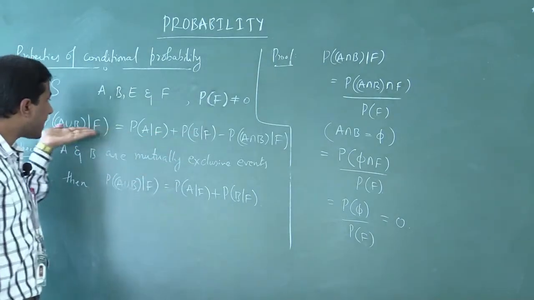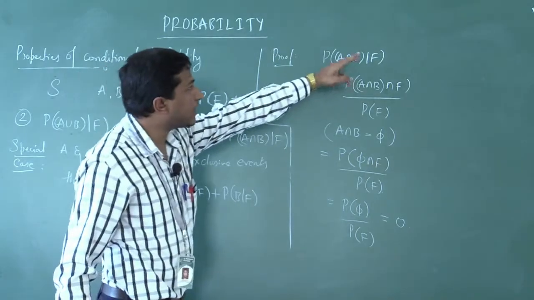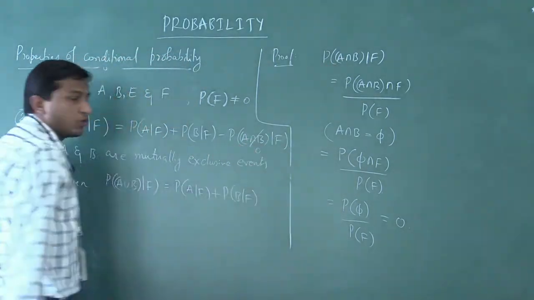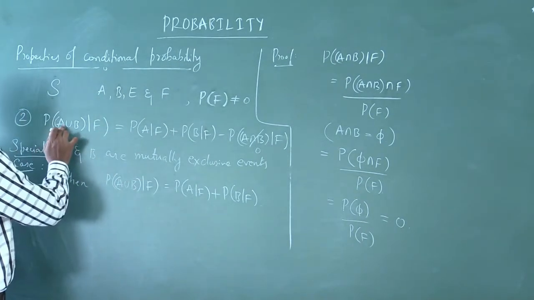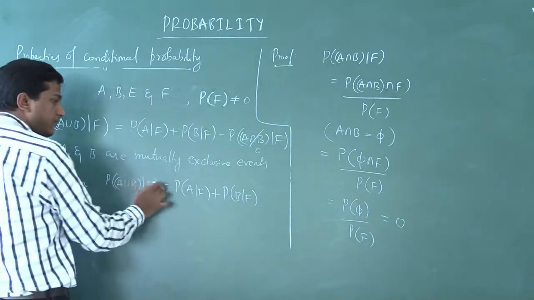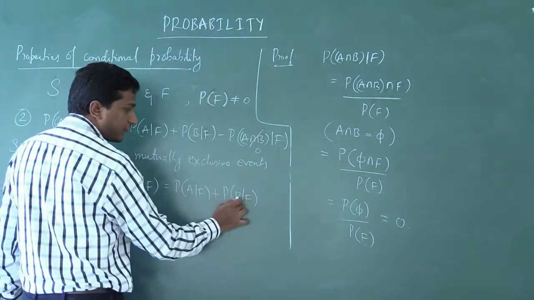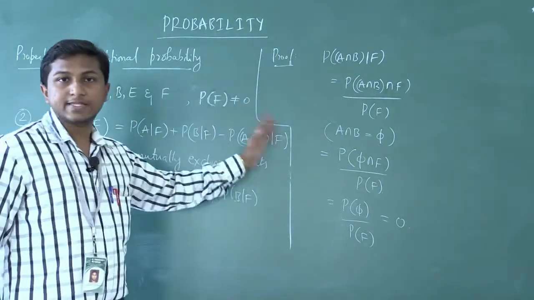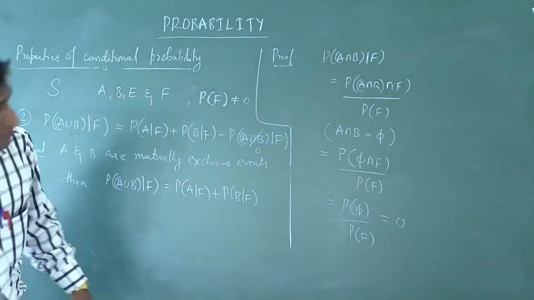So what happens to property number 2? If this term is 0, all that remains is P of A union B bar F equals P of A bar F plus P of B bar F. So the third term has reduced to 0. Okay, moving on.